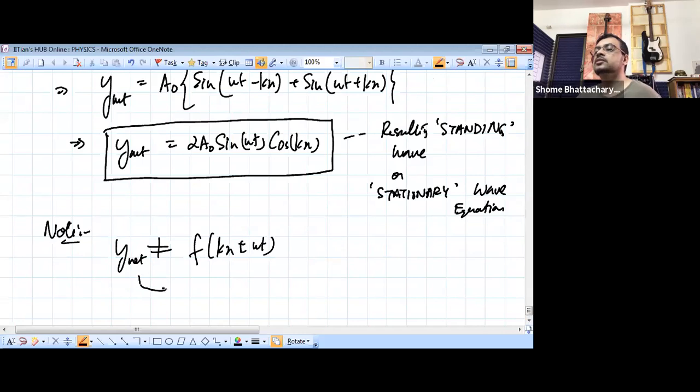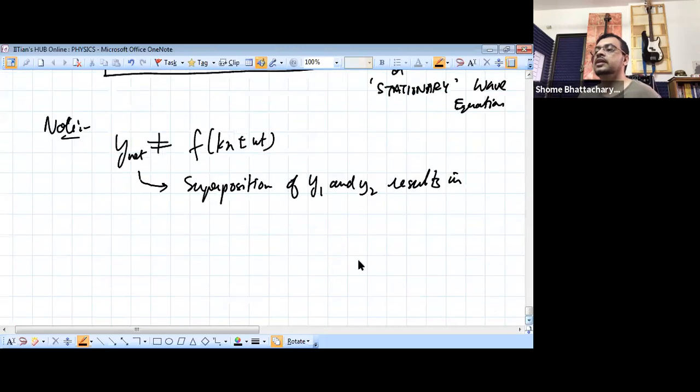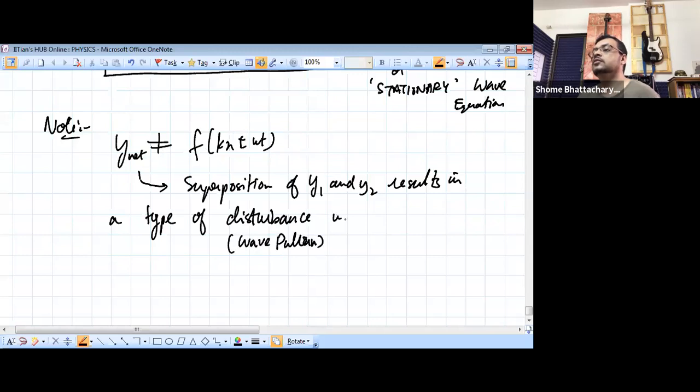That means the superposition of y1 and y2 results in a type of disturbance, or you can say wave pattern, which is not a traveling wave, and that is why it is called a stationary wave.